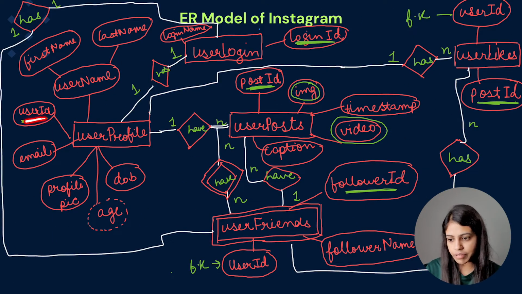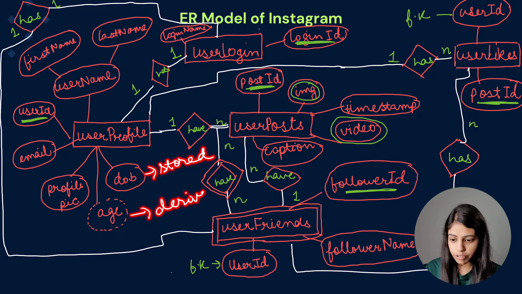User ID is serving as a primary key, so we have underlined it. Email is a single valued attribute, profile pic is a single valued attribute, age is a derived attribute, and DOB is a stored attribute. In this way we represent stored and derived attributes.